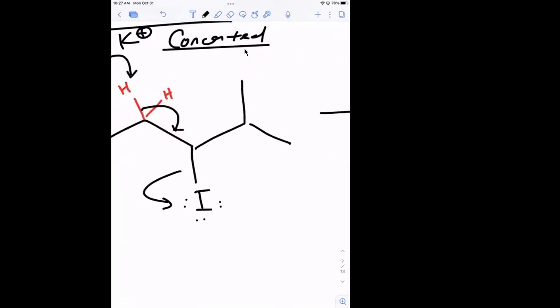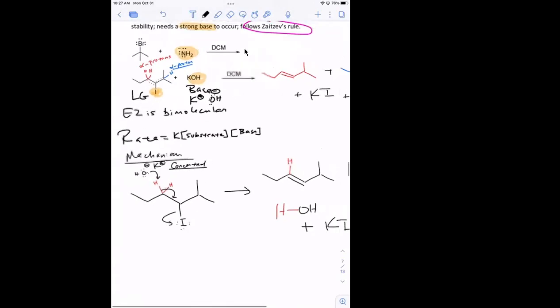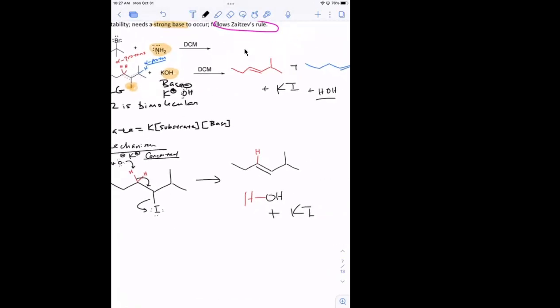What it leaves is going to be an anion. Any questions about anything? If you have a question on Zoom, you need to unmute and ask it.